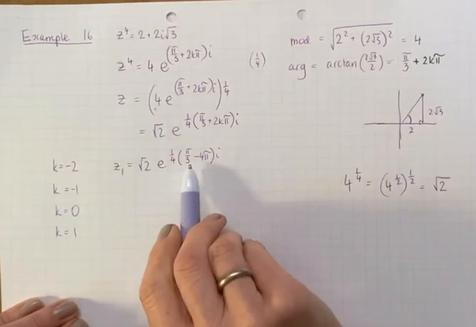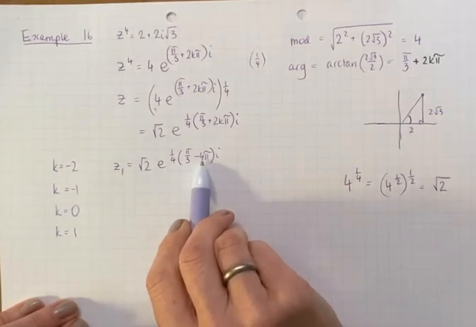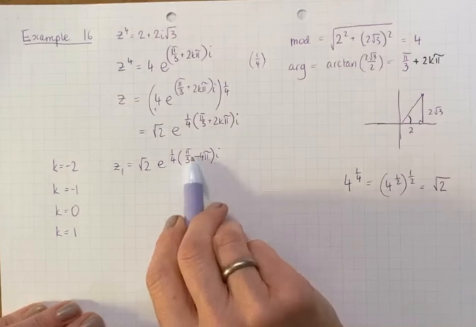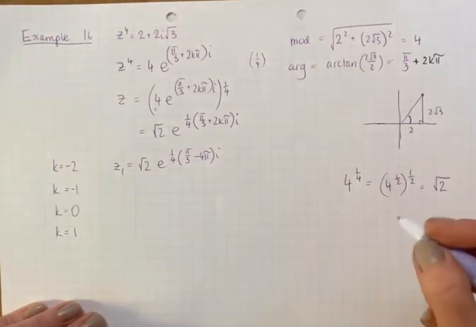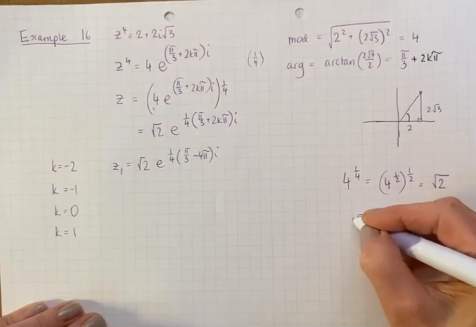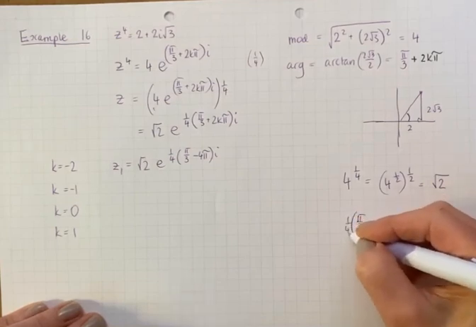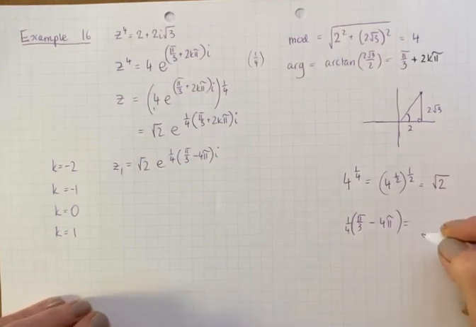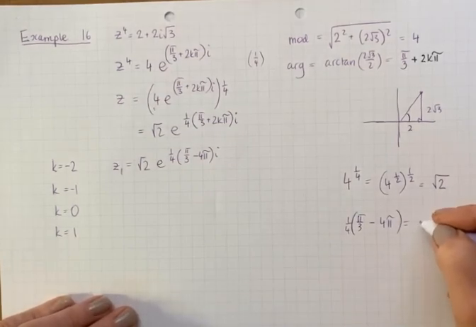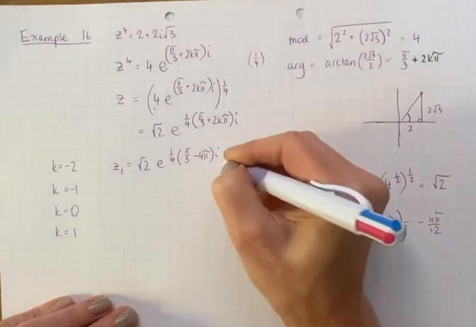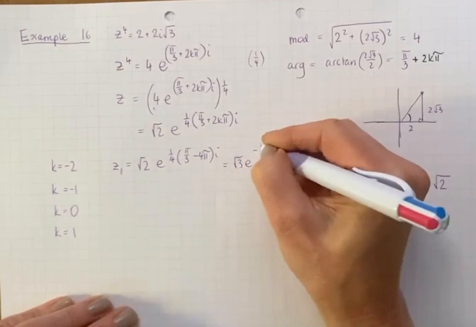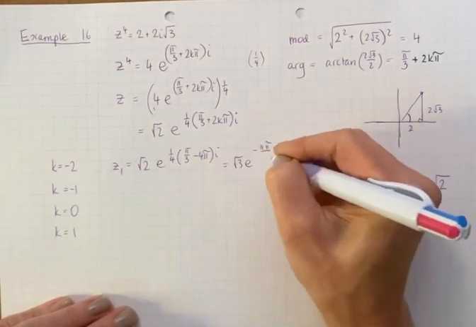So 1/3 minus 4 times 3 is minus 12. So it's minus 11 pi over, let's just do it on the side. Obviously you can do it with a calculator, probably better. Okay, so this is going to be minus 11 pi over 12. Good. So it's root 2 e to the power of minus 11 pi over 12 i.